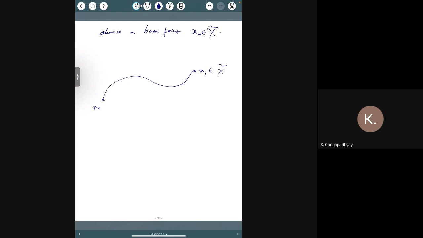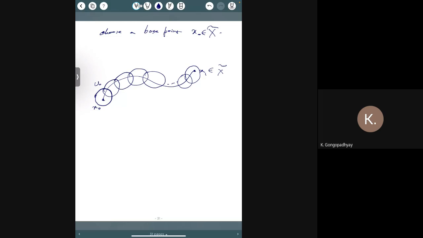Now corresponding to x naught, you get a coordinate chart which is denoted by u1. Then this whole path you can cover by coordinate patches like this. These are all my coordinate patches.